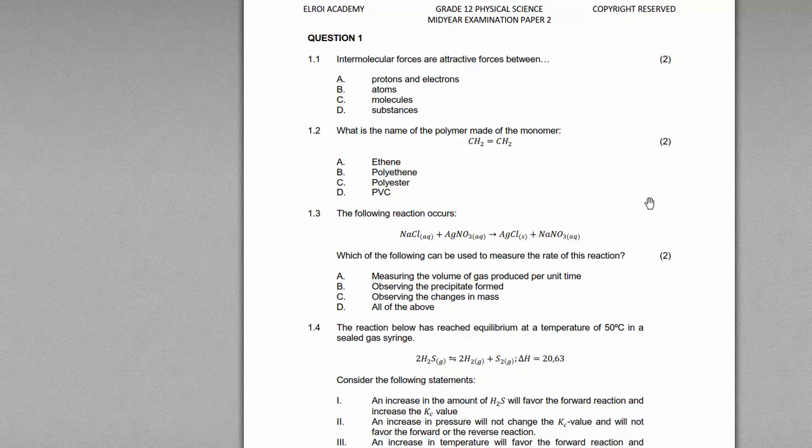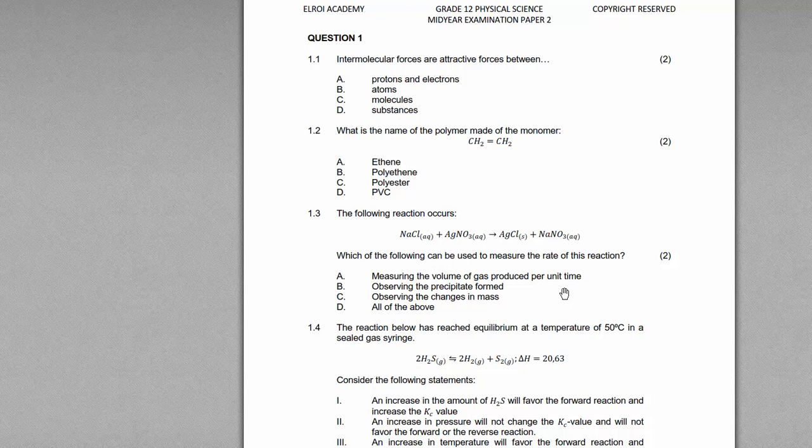So if we measure the mass of the substances involved, since the gas can escape, we can look at how, as the reaction is occurring, the mass is reducing because the gas is escaping. So that's an example. When there's gas involved, we can also measure the volume produced by the gas. It's another example. So let's have a look.